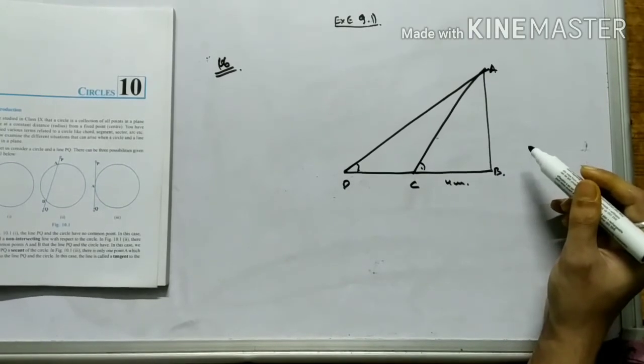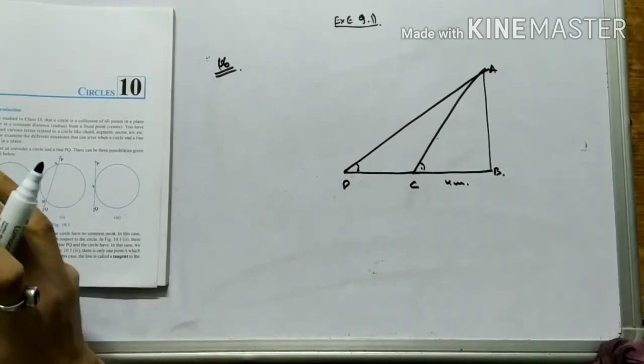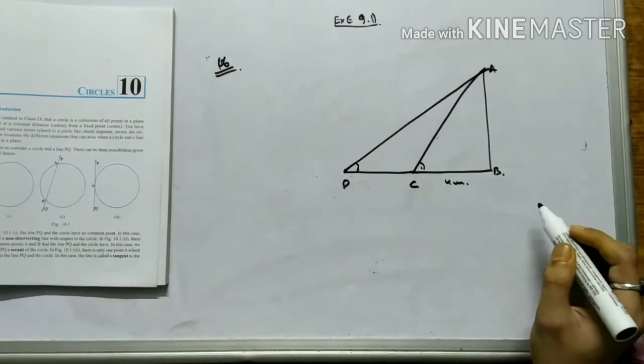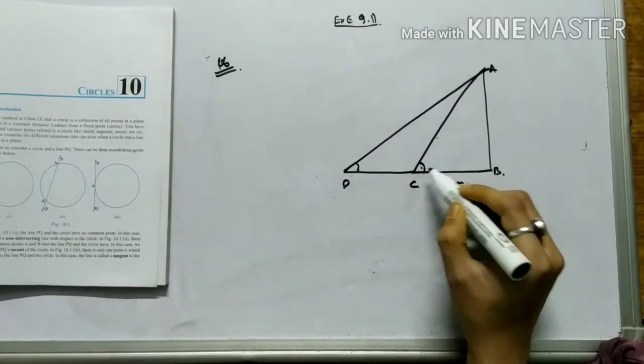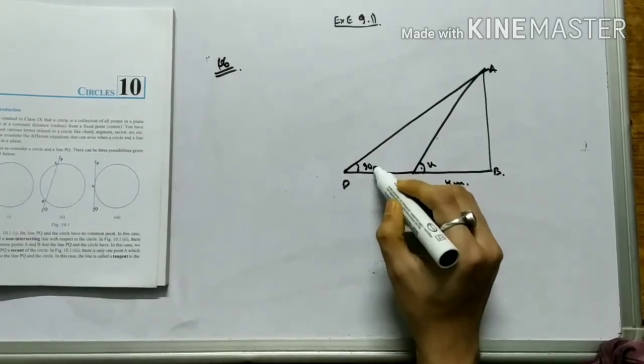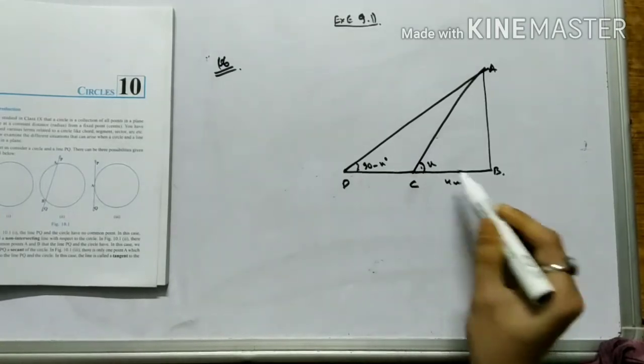So now in here, let's take this angle as x. Then this angle will become 90 minus x, because these two angles are complementary.